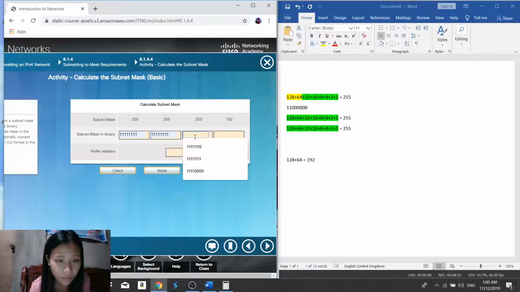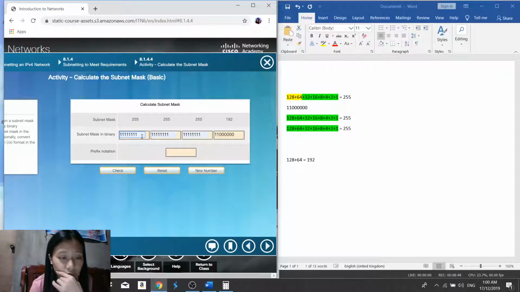So let's put this one: 1 1. Then why 8, 8, 8? Because we use all of these to make 255. Then for 192, we just use 128 plus 64, so 1 1 and all the rest 0. Then we're going to count all the prefix notation, which is the 1s.